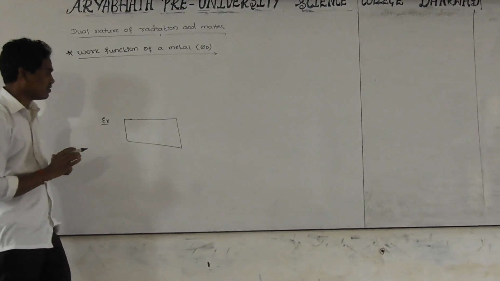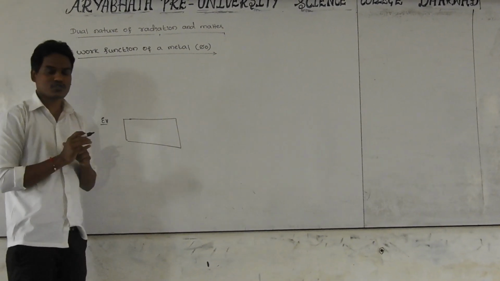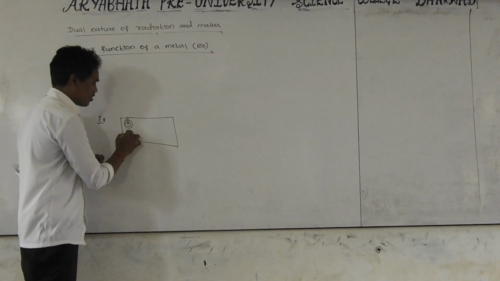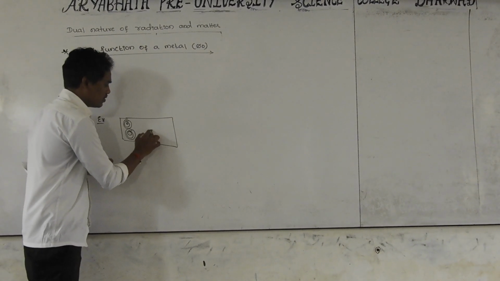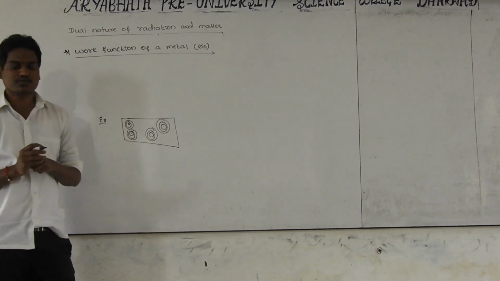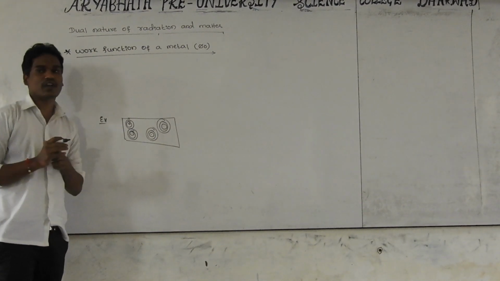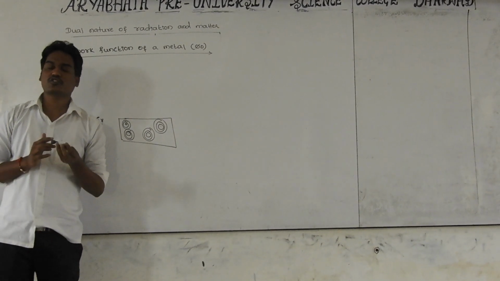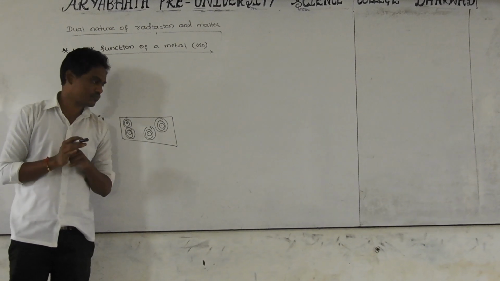Whatever the metal, it consists of an infinite number of atoms. For our convenience of explanation, I have considered only 4 atoms. Each and every metal consists of infinite number of atoms.